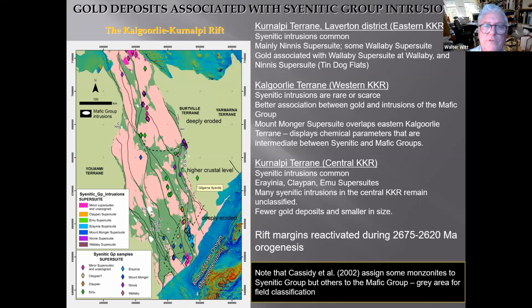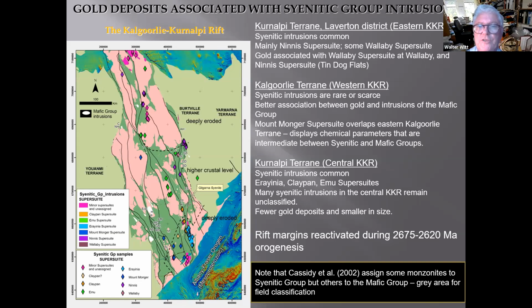So here we see in the eastern part of the Kurnalpi Terrane, there are numerous syenitic intrusions. These belong to the Wallaby and Ninnis supersuite. And in these, gold is associated with the Wallaby supersuite at Wallaby and the Ninnis supersuite at Tin Dog Flats. On the other western side of the rift, the Kalgoorlie Terrane, syenitic intrusions are rare or scarce.